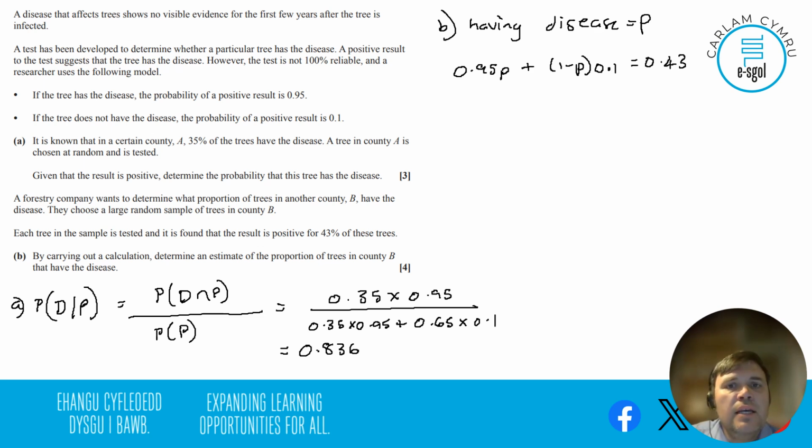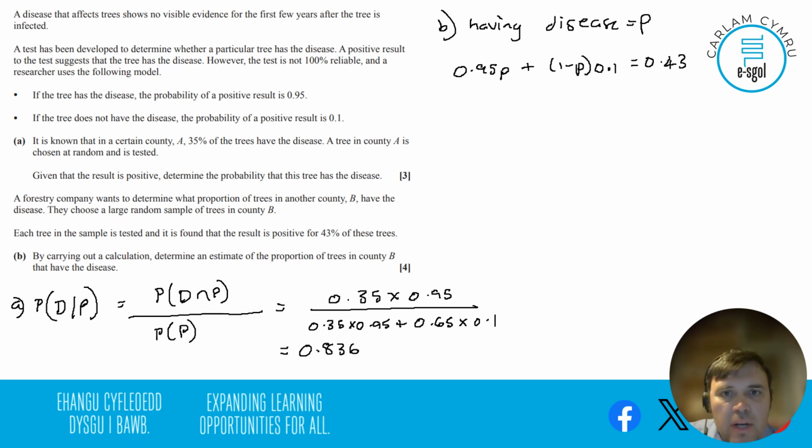So this is having the disease and testing positive, which is 0.95 times p. This is not having the disease, so it's 1 minus p, and testing positive, which is 0.1, because the overall proportion of these trees testing positive is 43%, so it's 0.43.